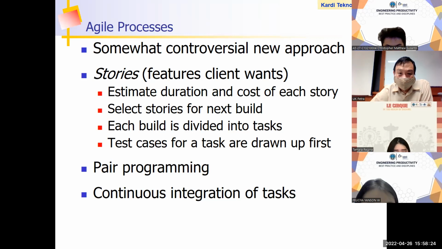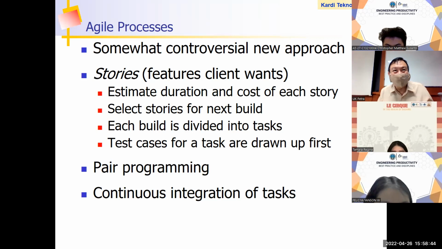This is a somewhat new approach and somewhat controversial. Instead of using use cases, they use stories. What is a story? A story is a feature that the clients want. The developer will estimate the duration and the cost of each story.